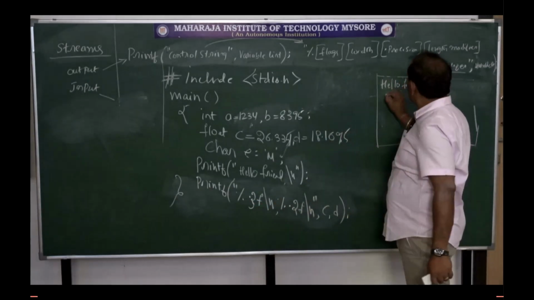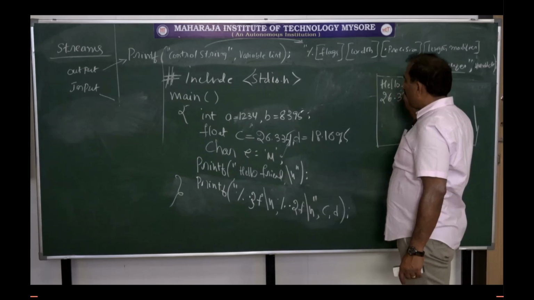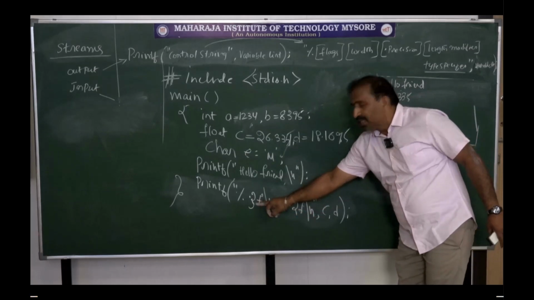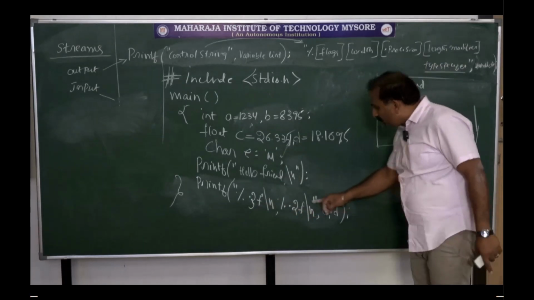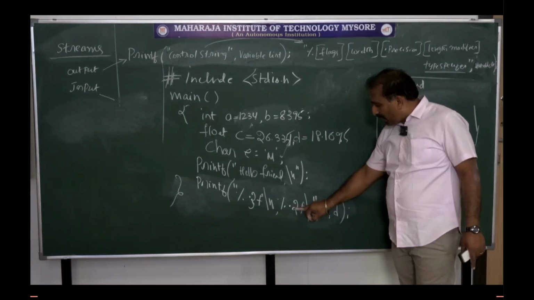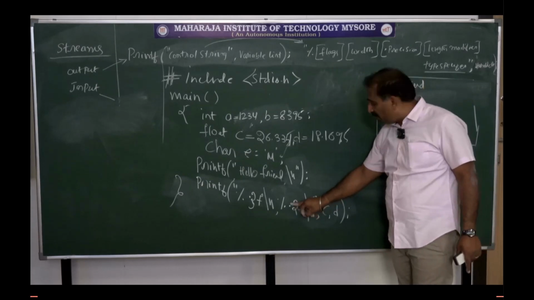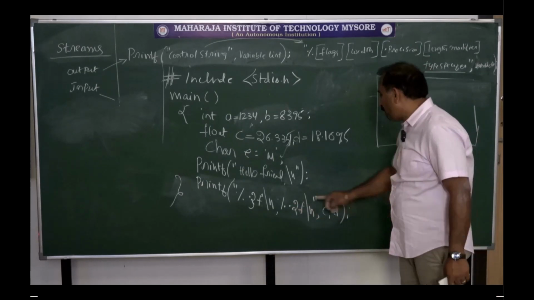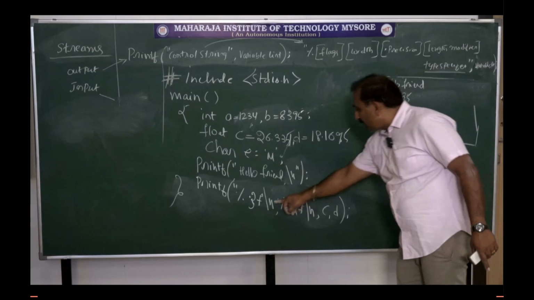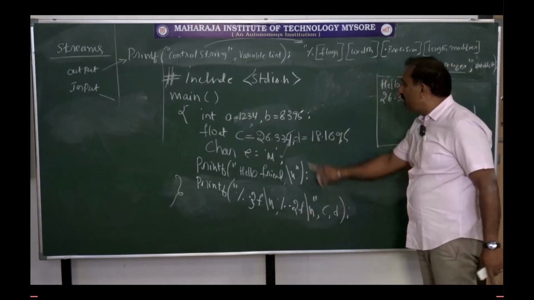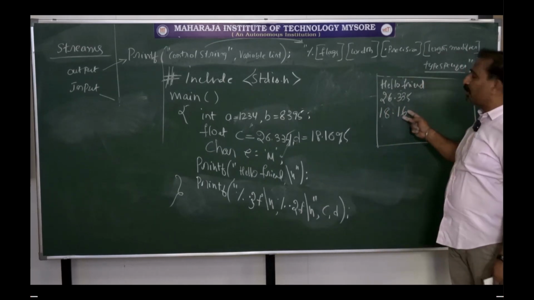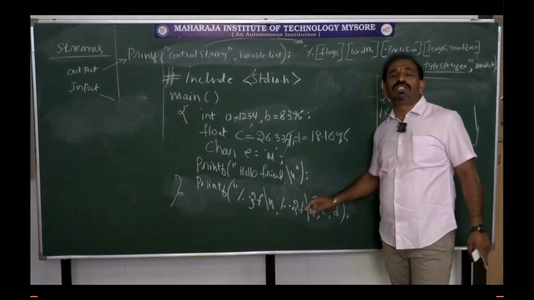So therefore, it prints 26.335. The last digit will not be displayed because you said to print only 3 digits after the decimal point. Similarly, for float D, you have asked to print only 2 digits after the decimal point. So after the next line, it prints this D as 18.16. It prints only 2 digits because you asked for only 2-digit printing.